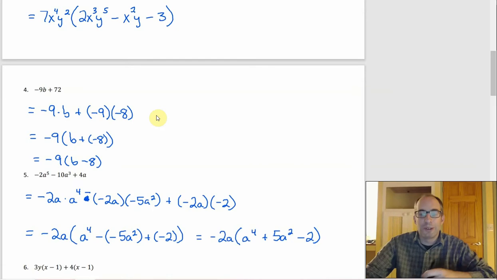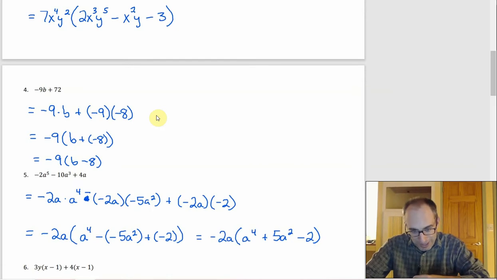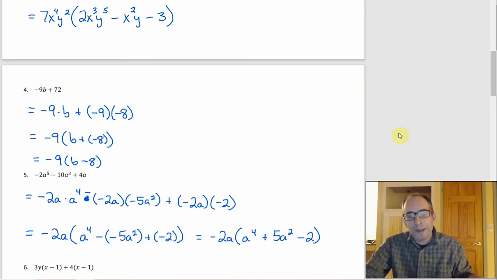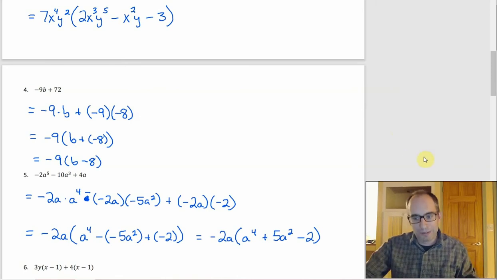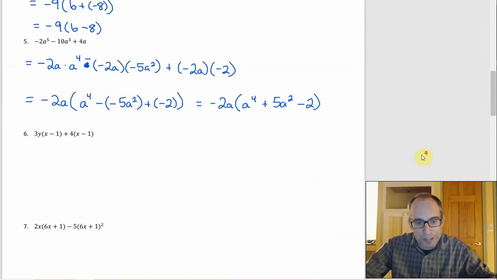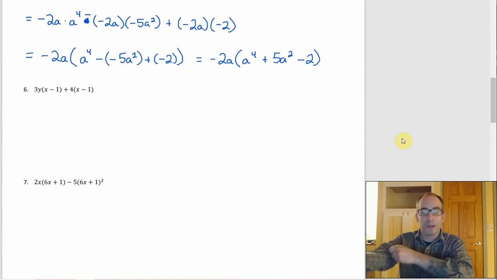Right? That would be, I think, the more conventional way to write that thing inside the parentheses. All right, so if you got the negative coefficient from the leading term, factor out a negative when you're factoring the coefficient out. Then 6 and 7 are ones where you can factor out a binomial.